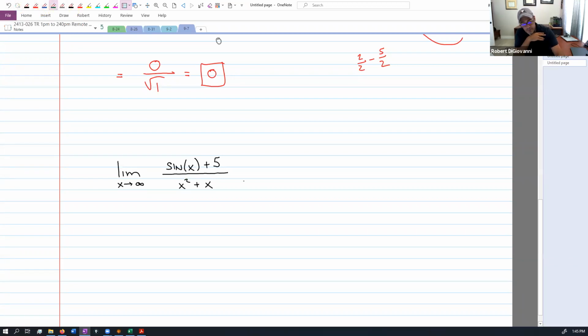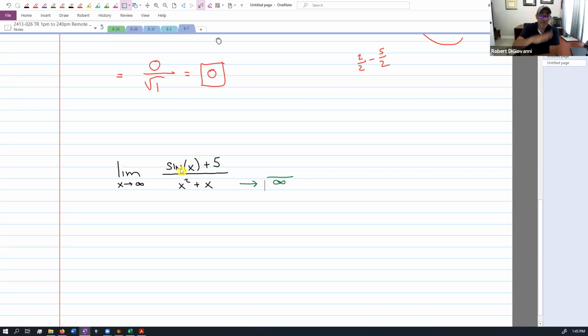Now, I know that the bottom is headed to infinity. That I agree with. Okay, but what about the top? Wouldn't it just equal 5? Well, as x goes to infinity, what does sine of x do? We talked about this last class. It keeps fluctuating between 1 and -1. That's right.